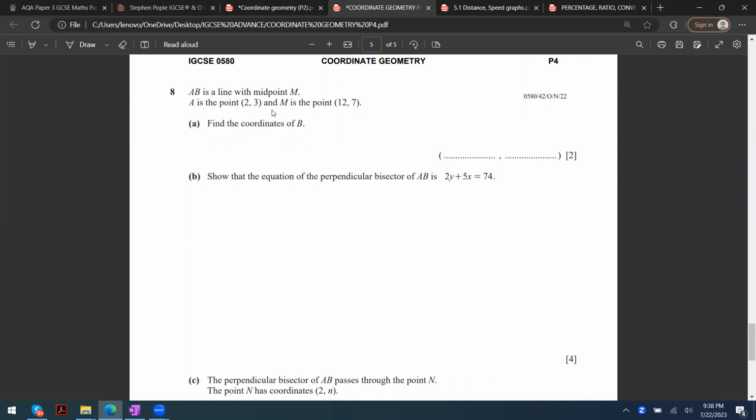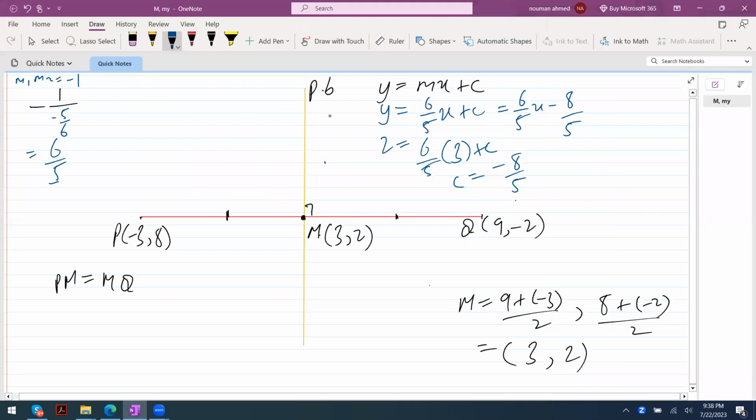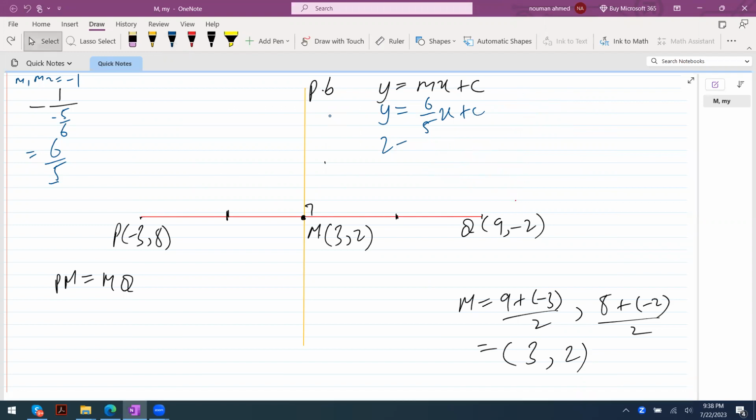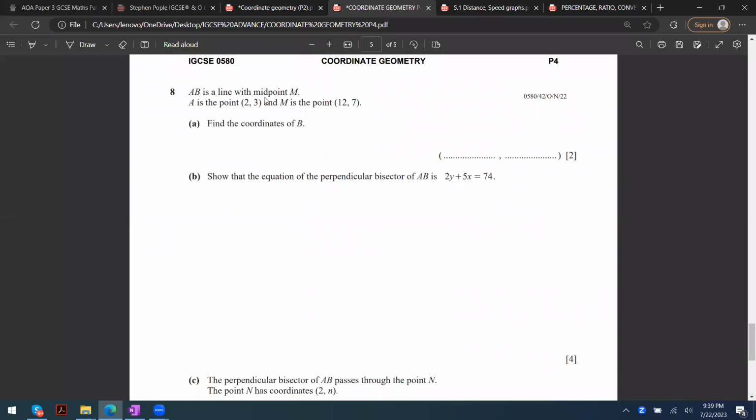AB is a line, M is the midpoint. This time the midpoint is given. Okay, a little twisted question. AB is a line.